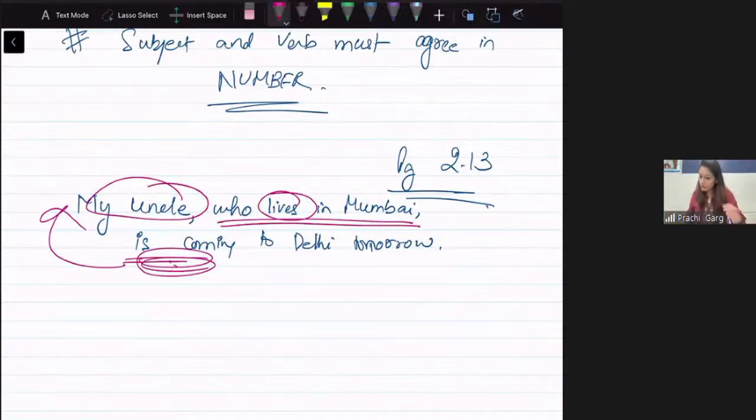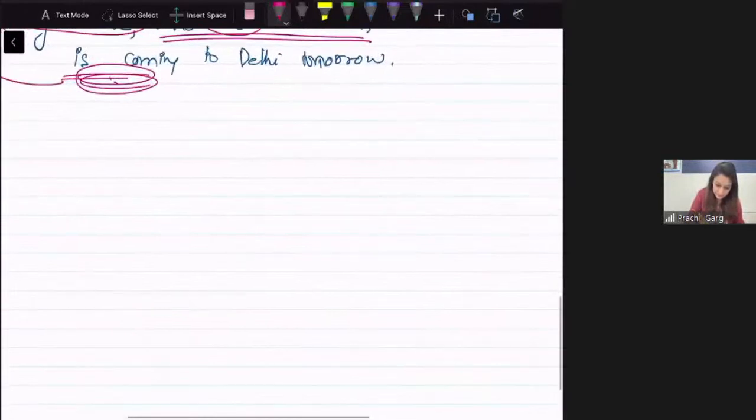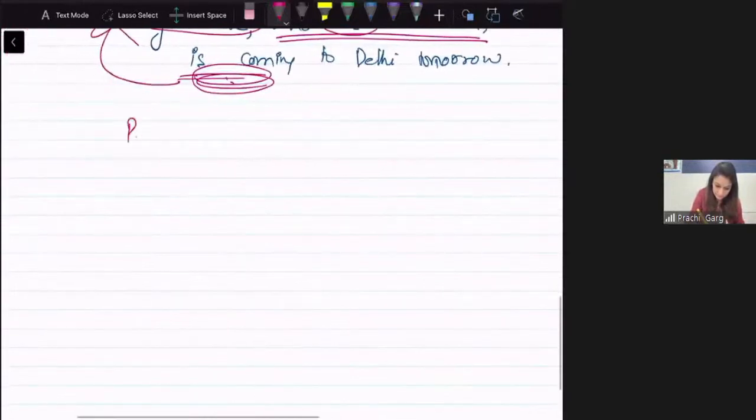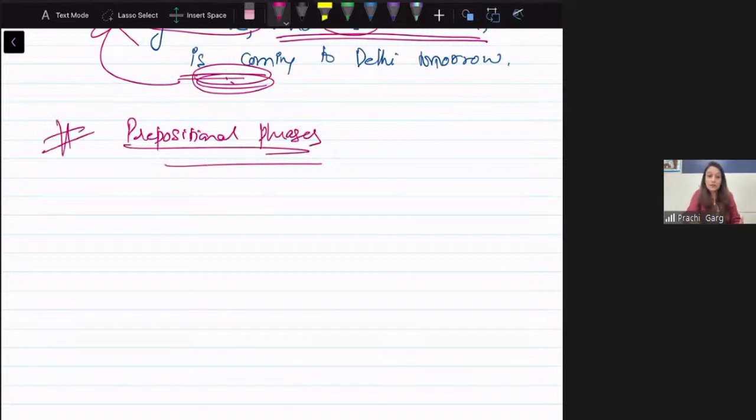Okay, let's move on to the next rule. The next rule is about prepositional phrases. Again, I've told you in the last class what prepositional phrases are.